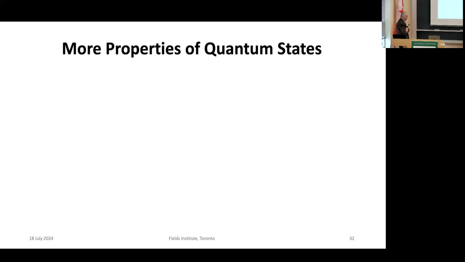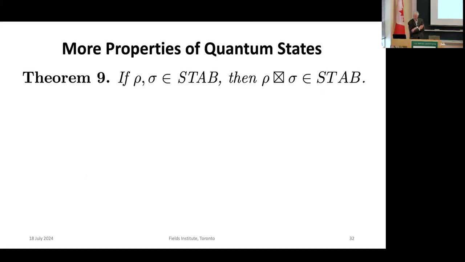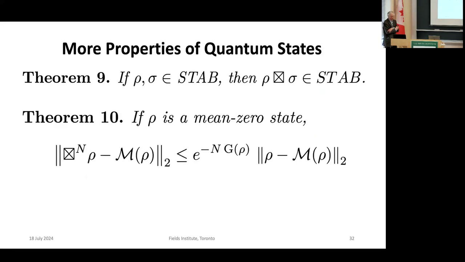So what are some other properties of these quantum states? Well, the convolution of two stabilizer states is a stabilizer. And I told you that the convergence to the mean is exponentially fast, and we call this rate of convergence G the magic gap, because by multiple convolution, it removes magic.